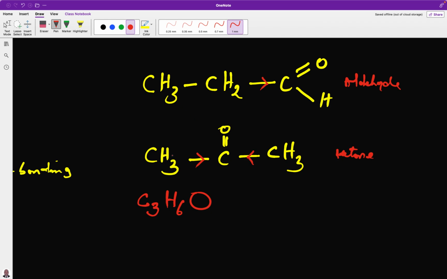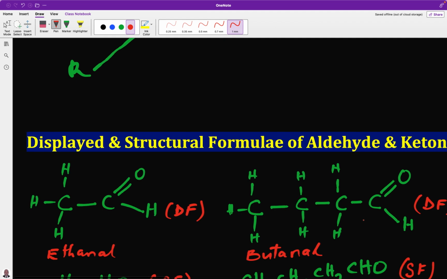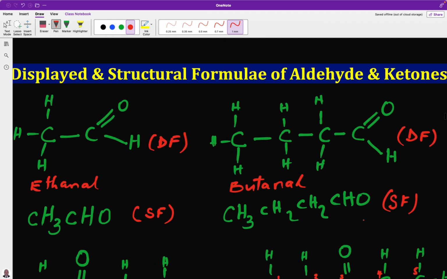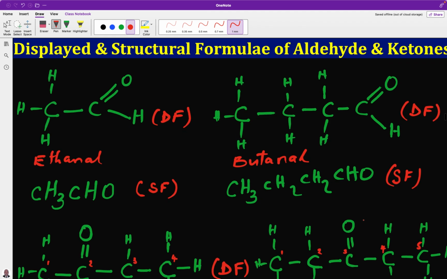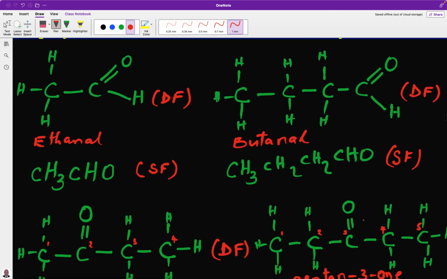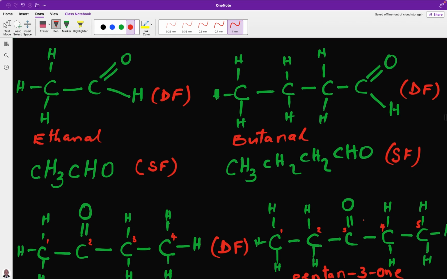Now, finally, it took us to the different displayed and structural formulae of aldehydes and ketones. So you could see aldehydes, as we said, we gave the example of ethanal, with its structural formula and displayed formula.